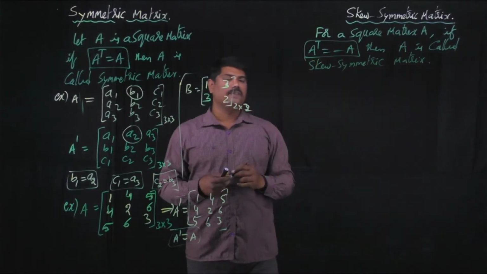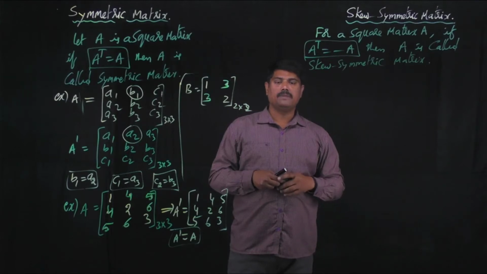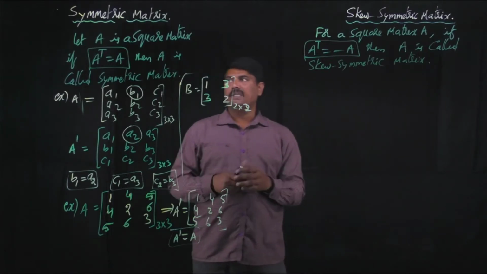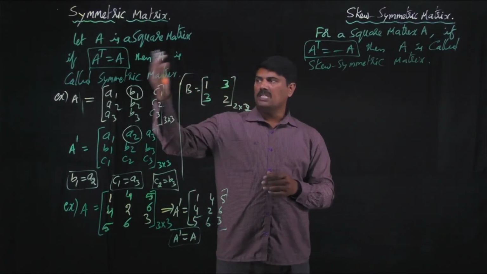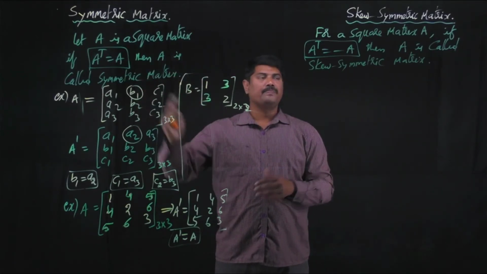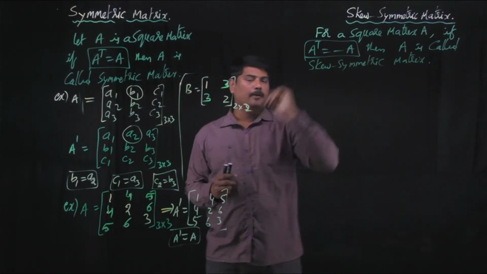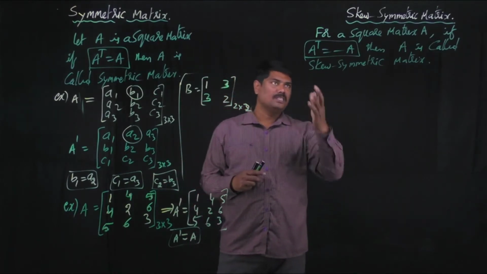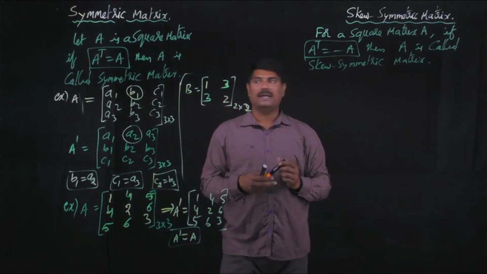So that is the definition of a skew symmetric matrix. Simply you can separate both definitions. Transposing, if the same matrix comes, that is symmetric. The same matrix with opposite signs on the elements is said to be a skew symmetric matrix.